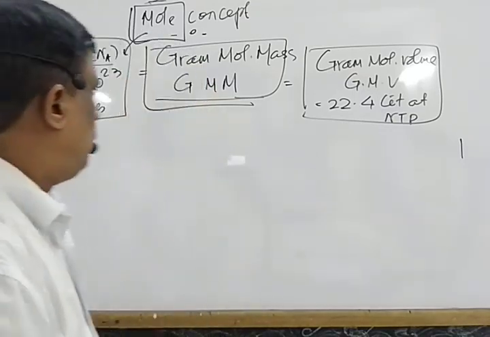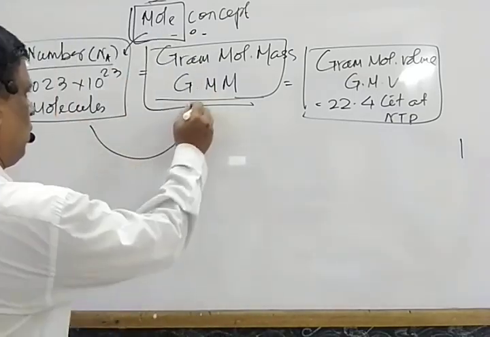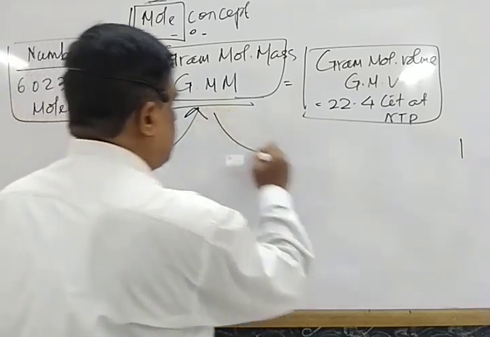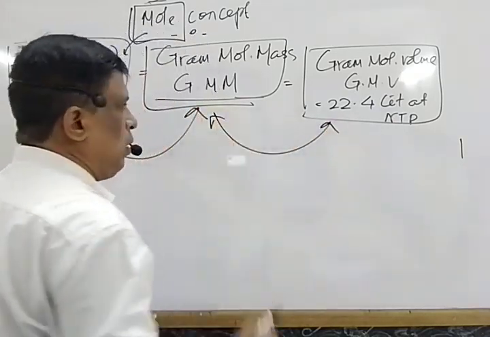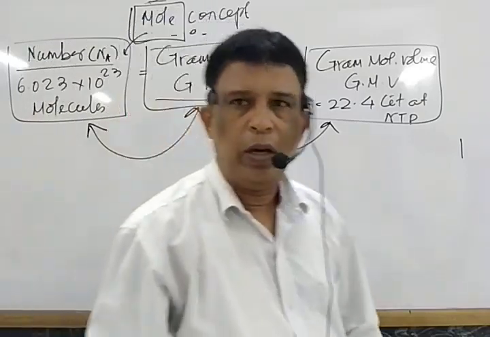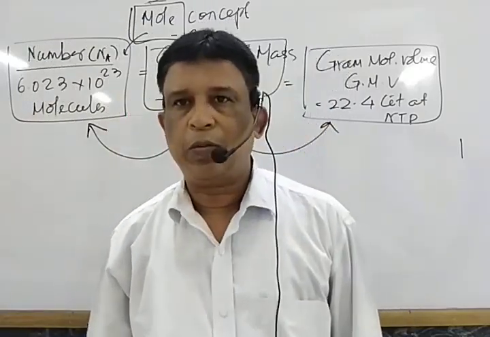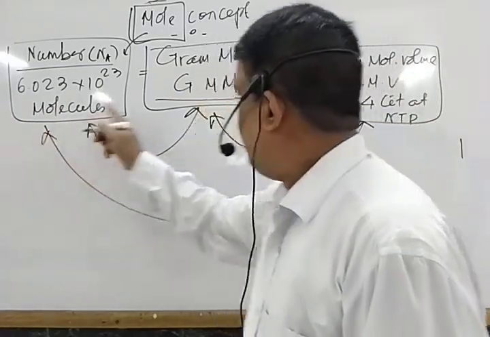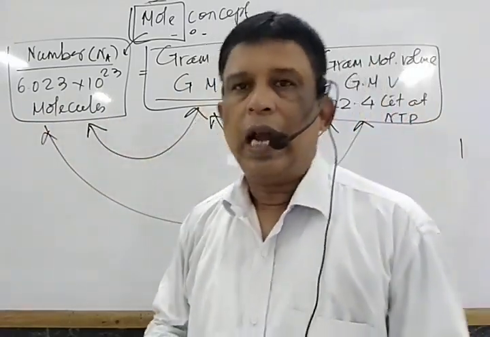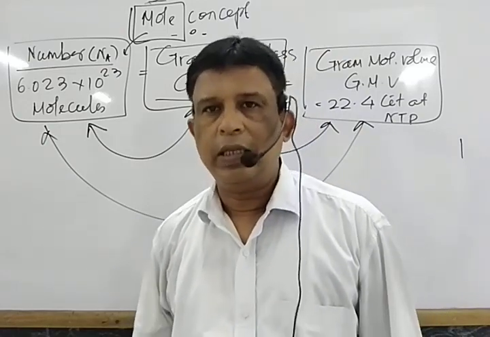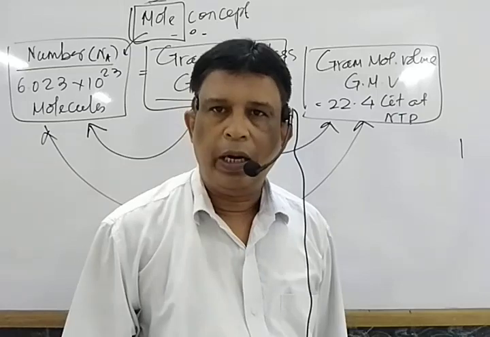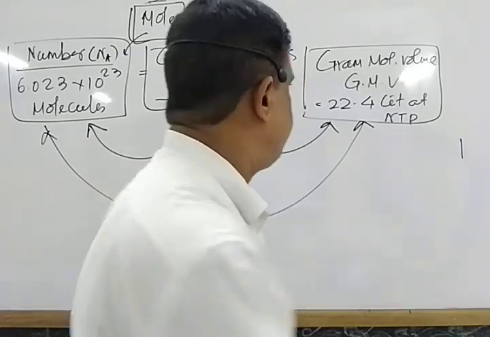Already we completed the relationship between number and gram molecular mass, and between gram molecular mass and gram molecular volume. Today in class 4 we derive a relationship between number and gram molecular volume, GMV, and its value is fixed, that is 22.4 liter at NTP.